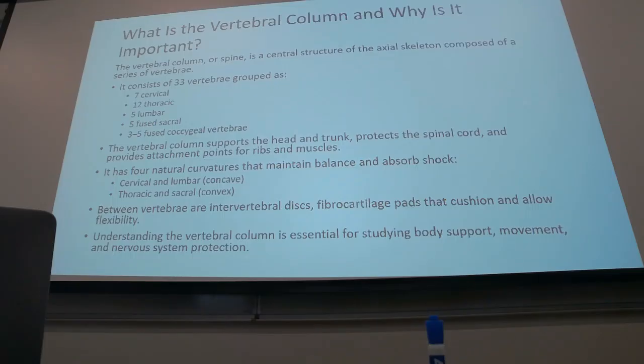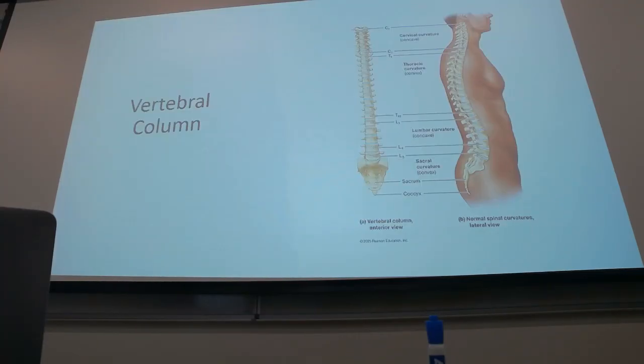Sometimes a disc can herniate, meaning it breaks a piece and allows the soft part of the disc to exit to one side and compress a nerve, and then the person ends up with pain and numbness.